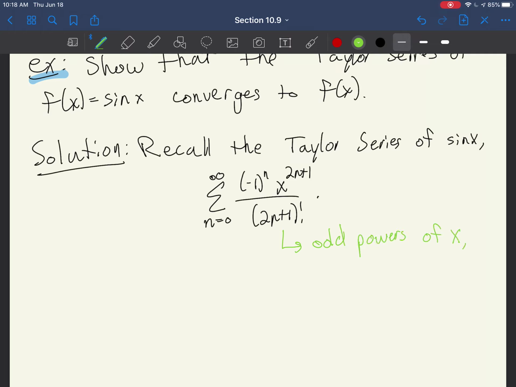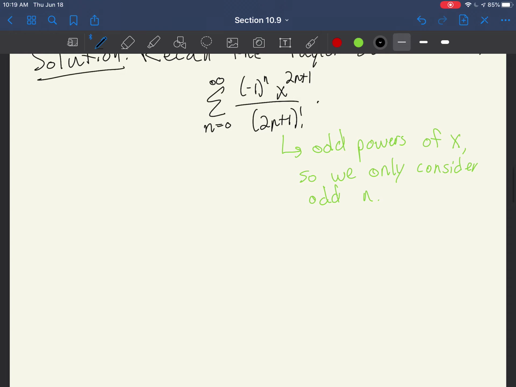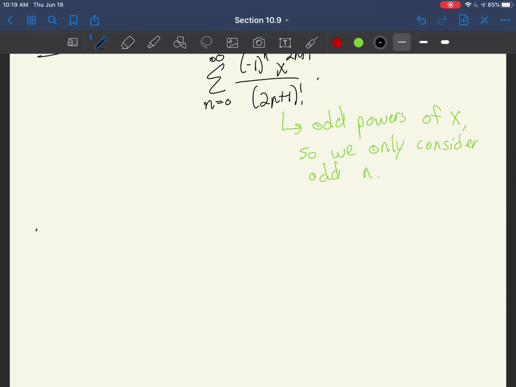Key thing to note here is this only has odd powers of x. So we only have to consider odd n. We do not have to do this for n in general. It doesn't make sense to consider the 2n Taylor polynomial because that is equal to the 2n minus 1 Taylor polynomial, because the coefficient of x to the 2n is just going to be 0.